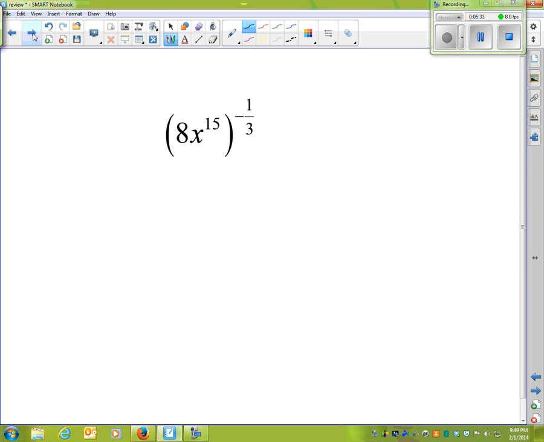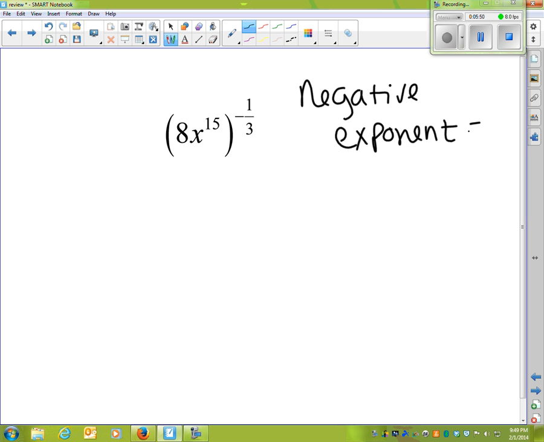Let's look at an example now where you have a power to a negative. What do we do with these negative powers? A negative exponent means that we're going to end up dividing in order to change that exponent to a positive. What I mean by that is, right here is that negative.